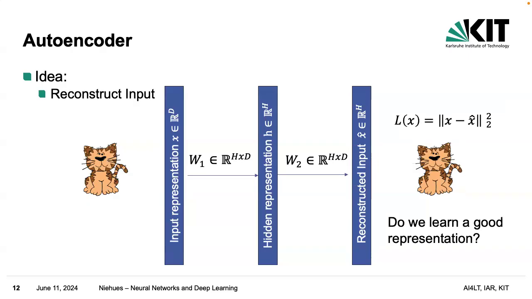If we just do it this way out of the box, do we always learn a good representation, which is really helpful in our encoding? Or do you see any loopholes where the model will not really learn a good representation? Any ideas?